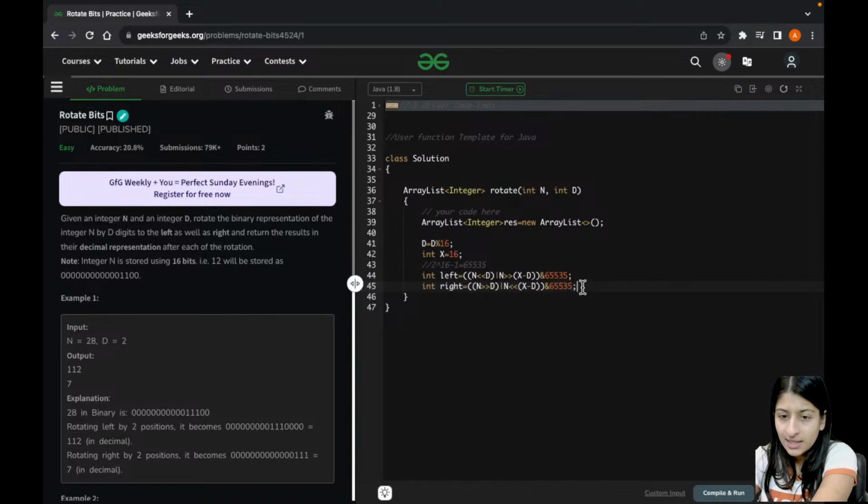Then in your result you add these numbers, left and right, with result dot add. Fine, return result.